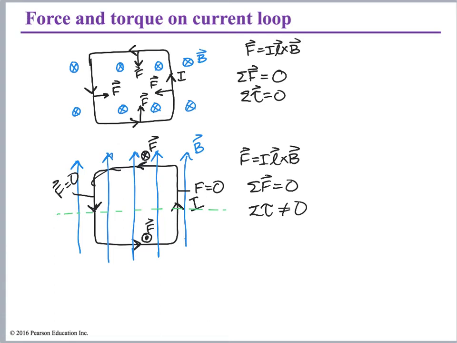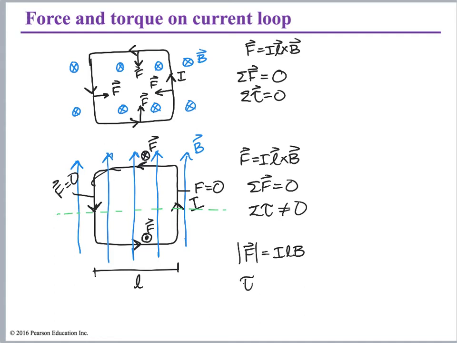If we wanted to figure out what that torque was, if I call the length of this side L, the magnitude of the force that's exerted on each side is going to be I L B, because they're perpendicular to each other.